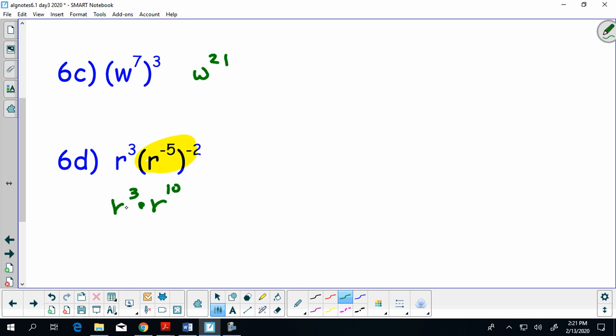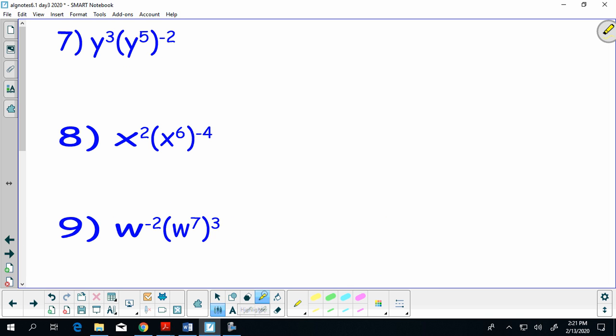This goes back to the rules from this morning and yesterday where we add the exponents. So my answer there is r to the 13. In this problem I did a power to a power and got that answer, and then a multiply problem, so with the same base I add the exponents and end up with r to the 13.